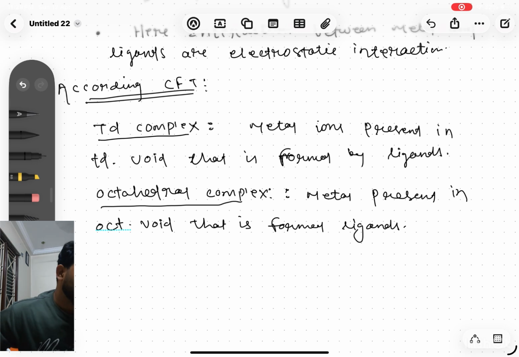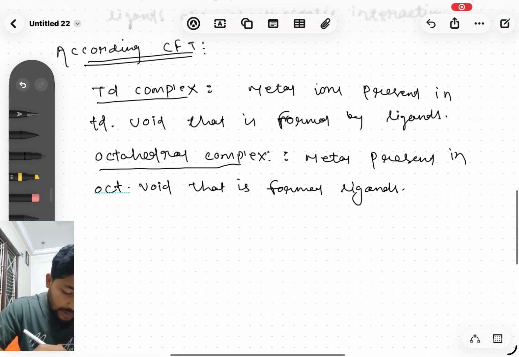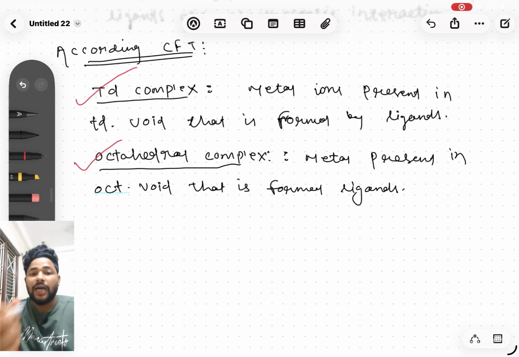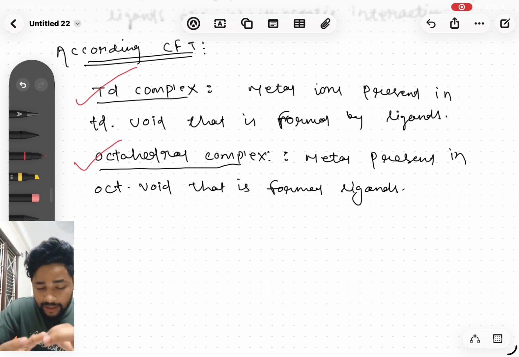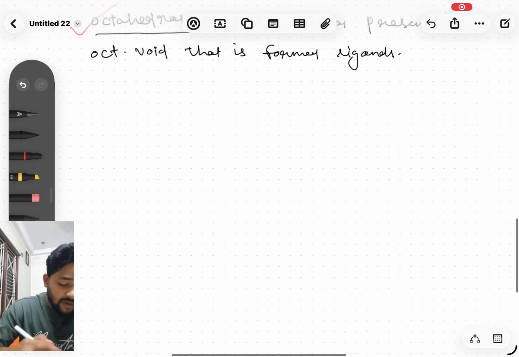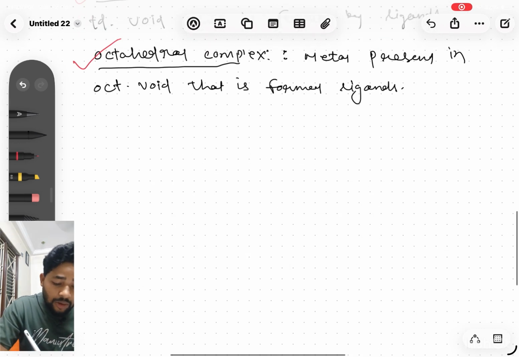Okay, now one by one we will discuss this tetrahedral complex and this octahedral complex. How can the tetrahedral and octahedral complexes be explained by this CFT? Okay, first we are going to discuss the octahedral complex.